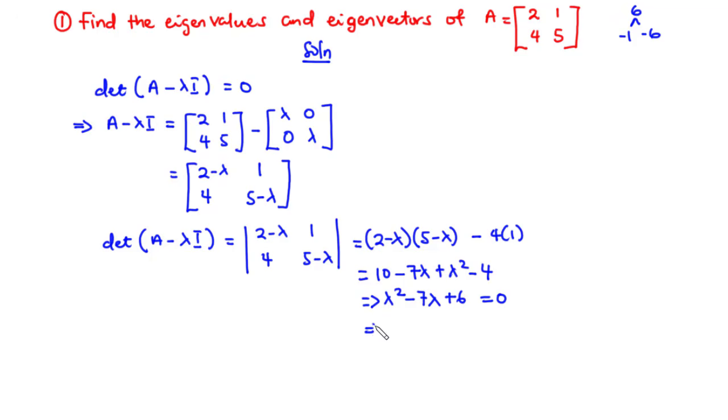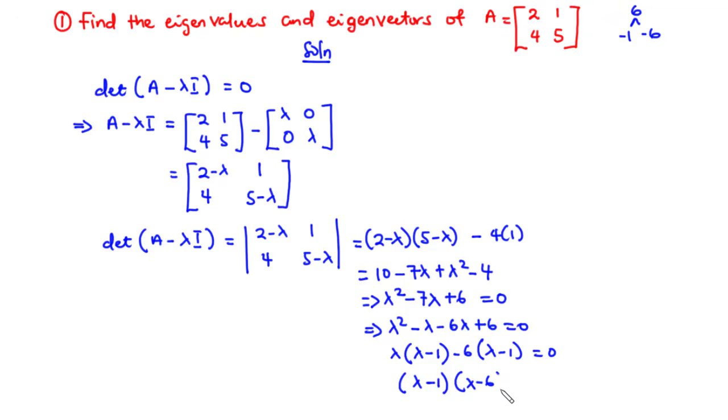So this becomes lambda square minus lambda minus 6 lambda plus 6. So we factor out lambda, and then we have lambda minus 1, and then minus 6 into bracket lambda minus 1 equals 0. So we have the factors to be lambda minus 1, lambda minus 6, and that is equal to 0.